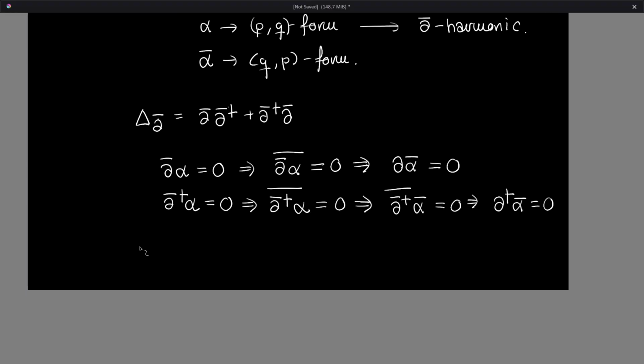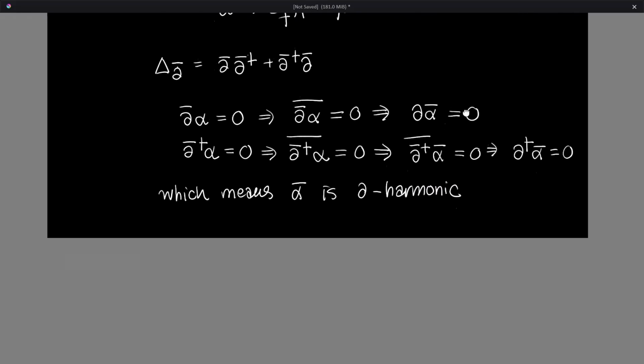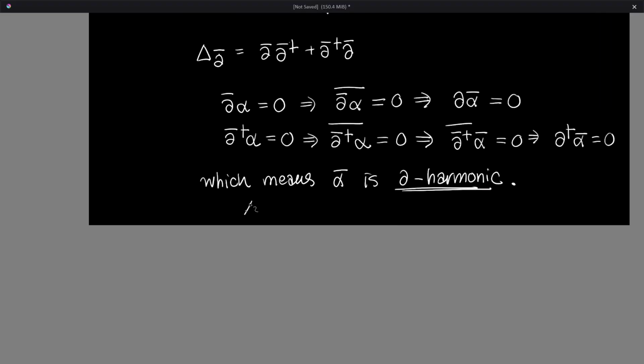Which means alpha bar is partial harmonic. So if alpha is partial bar harmonic, then alpha bar is partial harmonic, which means that delta partial bar of alpha equals 0 implies that delta partial of alpha bar is equal to 0.